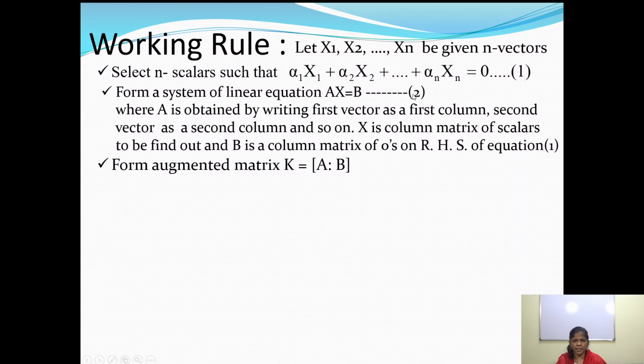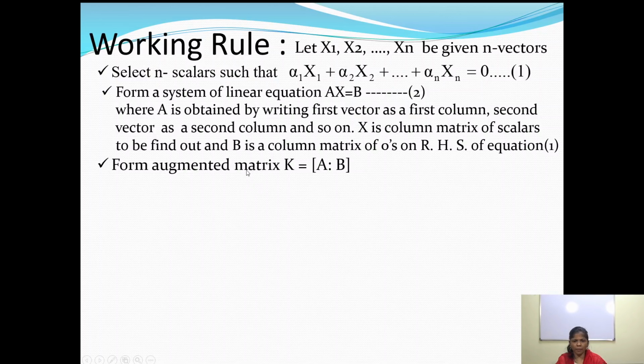In the previous slide I told you how to write A. Here A is obtained by writing the first vector as the first column, the second vector as the second column, and likewise the other vectors. Now X is nothing but the column matrix of scalars, and B is a column matrix of zeros on the right hand side. So like this we can write the system of equations Ax equal to b.